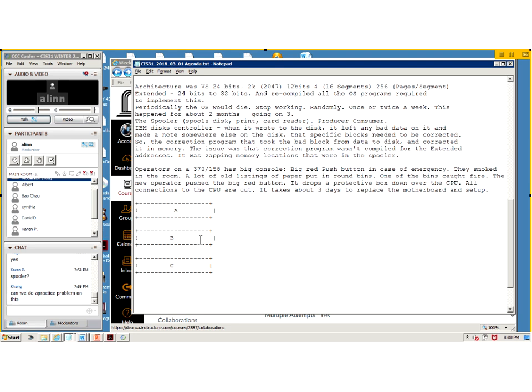Just clean this up a little bit. And I've got holes. Hole 1 has 15K. Hole 2 has 5K. Hole 3 has 10K. And let's put one more program in.